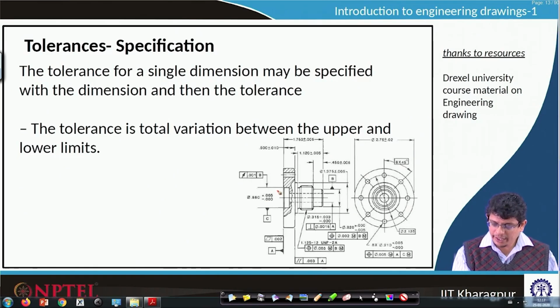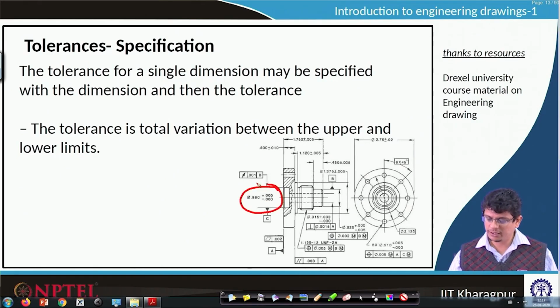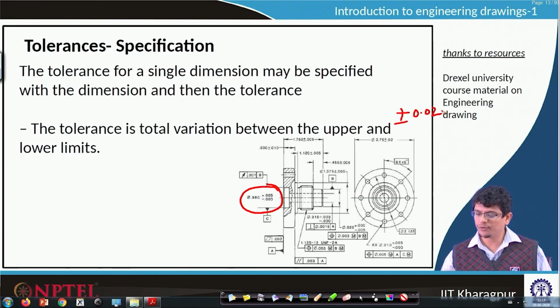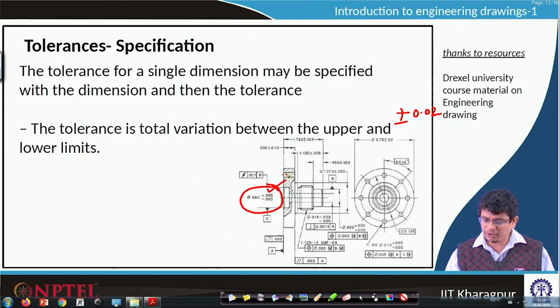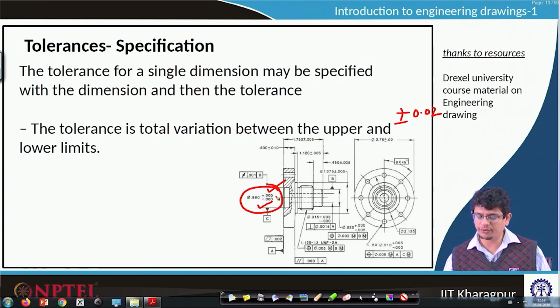Similarly, let us look at this one. It is not necessary that you always have plus or minus 0.02 on both the positive and negative side. Sometimes the positive side is preferred, but not the negative side. When you want to fit things, if it is lower than that, it may not hold the object, and it will be very tight.